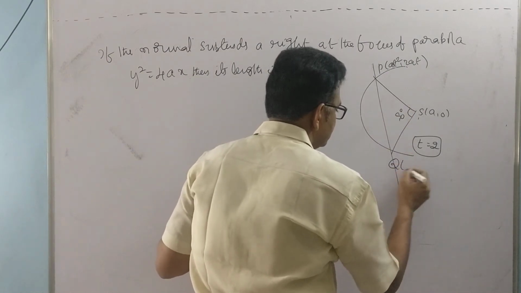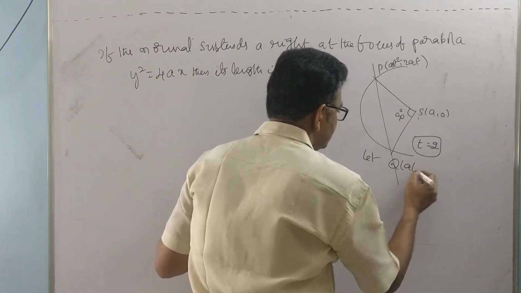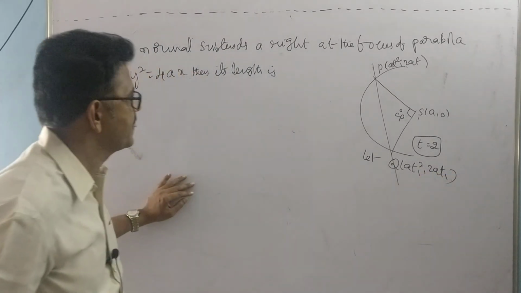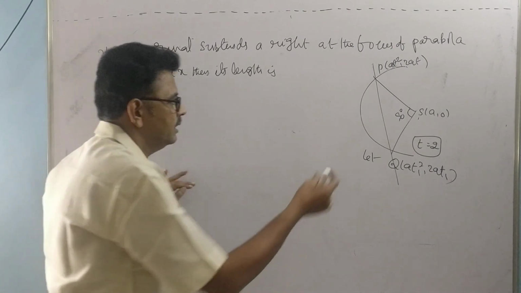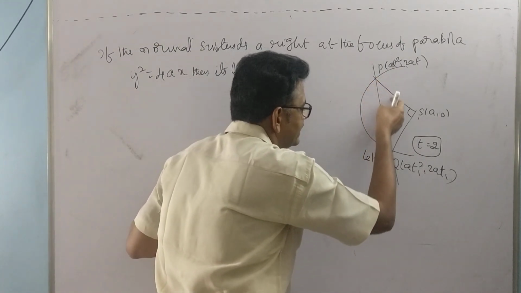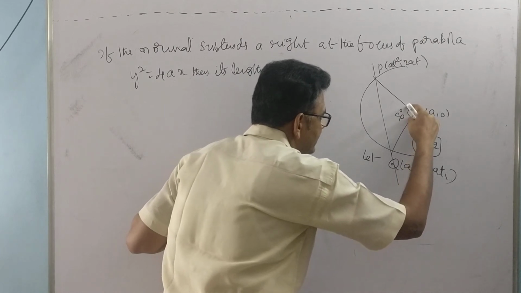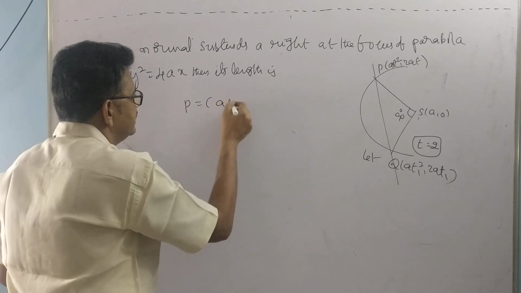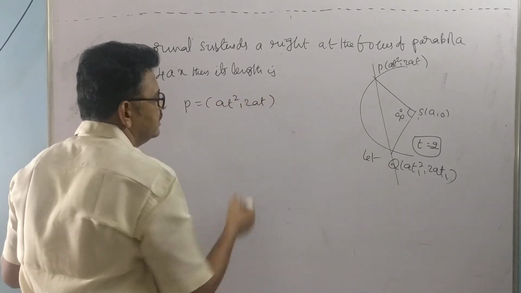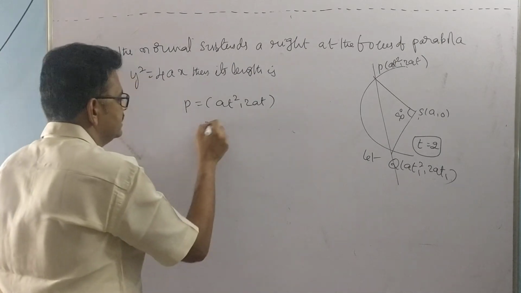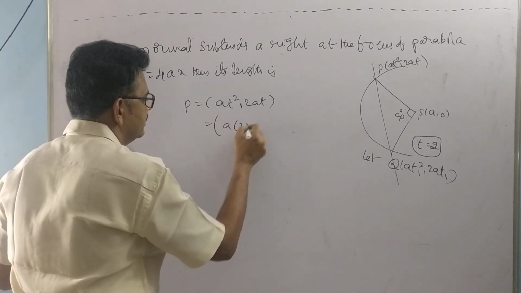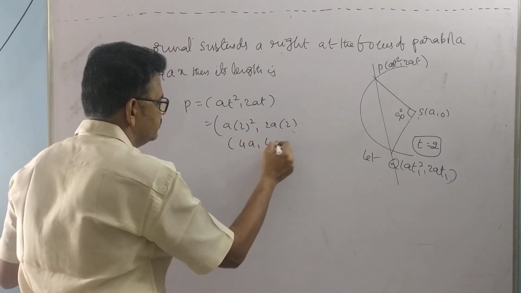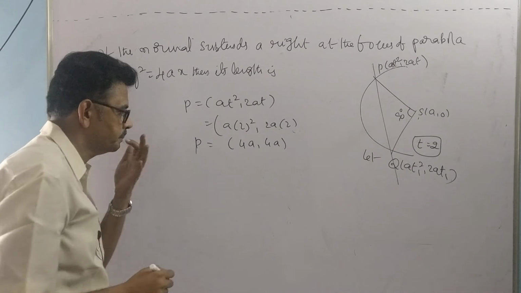Now the coordinates of P are (a t square, 2at), where t is 2. Therefore that is a into 2 square comma 2a into 2, that is (4a, 4a). These are the coordinates of P.